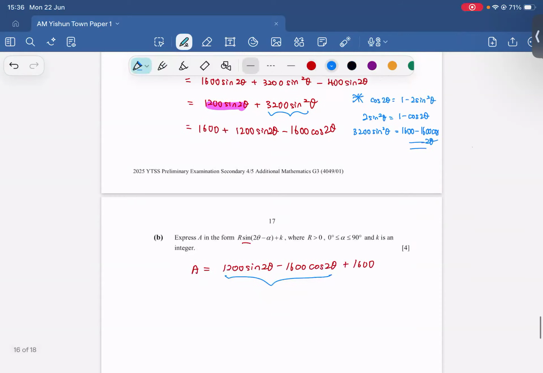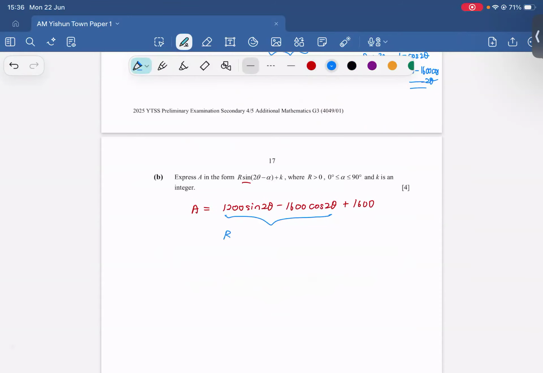So when we do the R formula, your R equals the square root of 1200 square plus 1600 square. It will be 2000. Then how to find alpha?